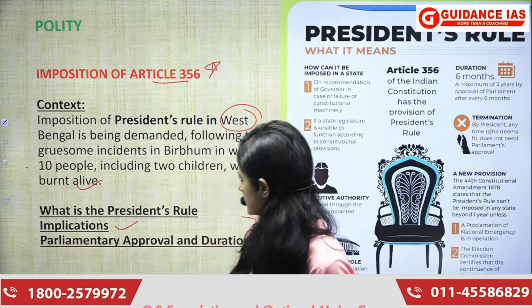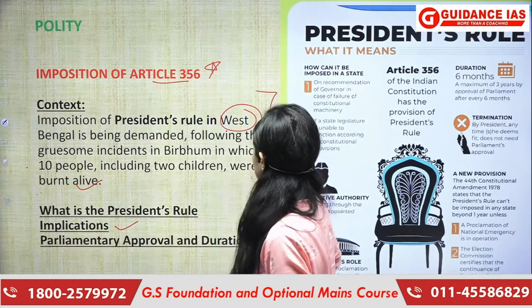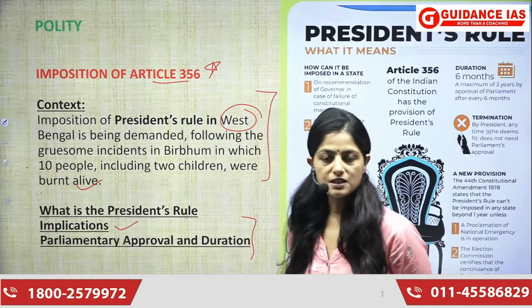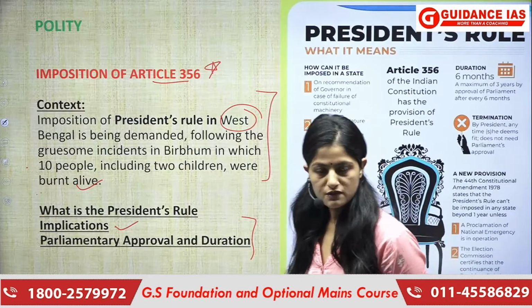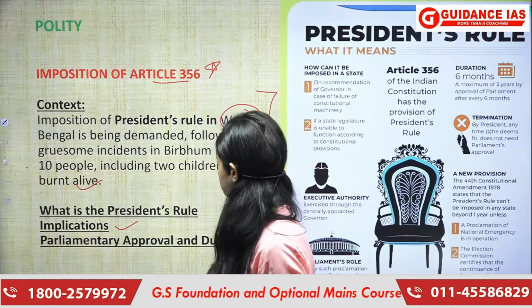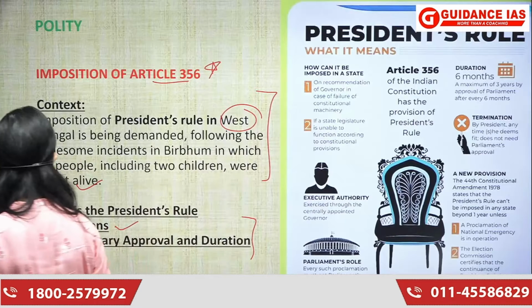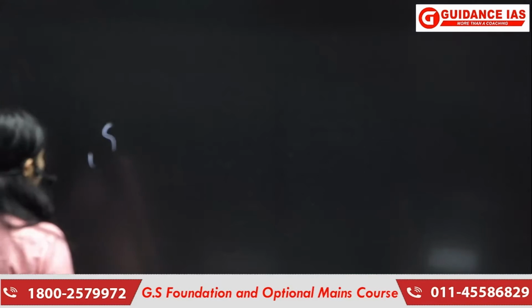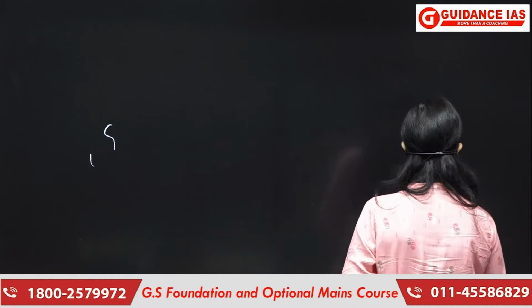That is why the people of that state demanded that president's rule be imposed in West Bengal. But what is more important for our examination is to understand what president's rule is all about.